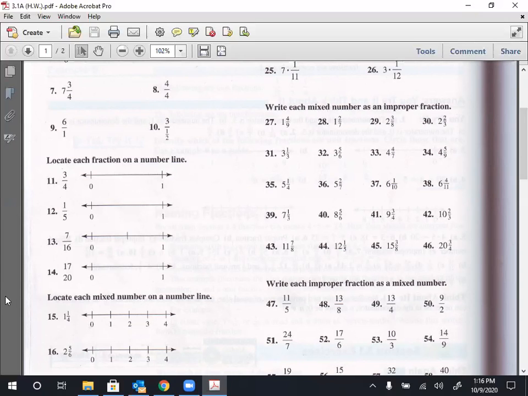Keep going. 20, that's 5 times 4. Keep going. 20 plus 5 is 25.